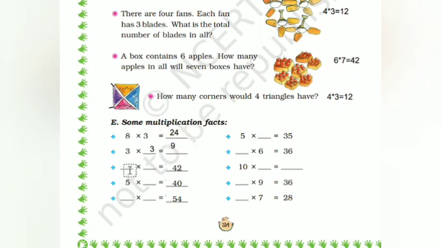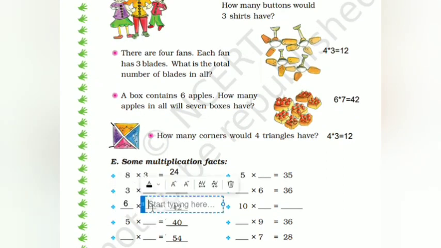Then here 42. In order to get 42, what all has to be multiplied? That is 6 times 7. 6 times 6 is 36. 6 times 7 is equal to 42. Can write it as 6 times 7, that is equal to 42.